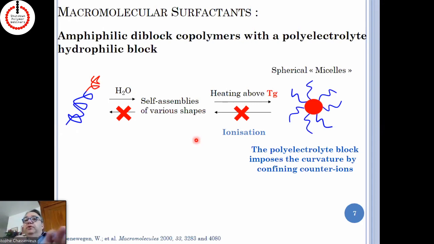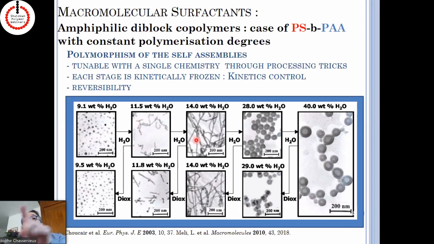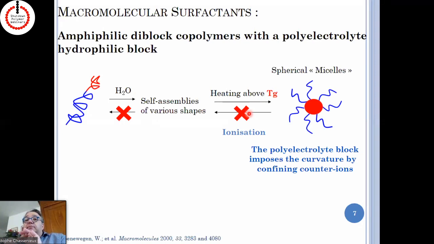What you can do also is to play with the ionization degree of acrylic acid. And here, the thing which is very important is that here it's not acrylic acid, it's methacrylic acid. Here it's acrylic acid. But in all these situations, acrylic acid is in a neutral form. If you try to ionize acrylic acid, you will turn all your self-assemblies into spherical micelles.